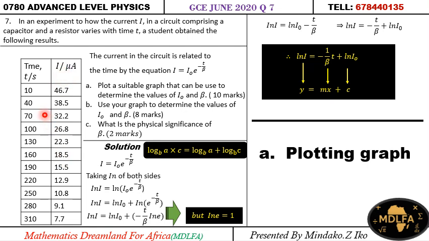Though t is raw data, we are going to use it because, if you look at the linearized form of the equation here, the t is not multiplied with any ln. That is why we are going to use t like that. But from here we have our ln I, so it means we are going to take the ln of this current here, so we are going to have another column, another table again.